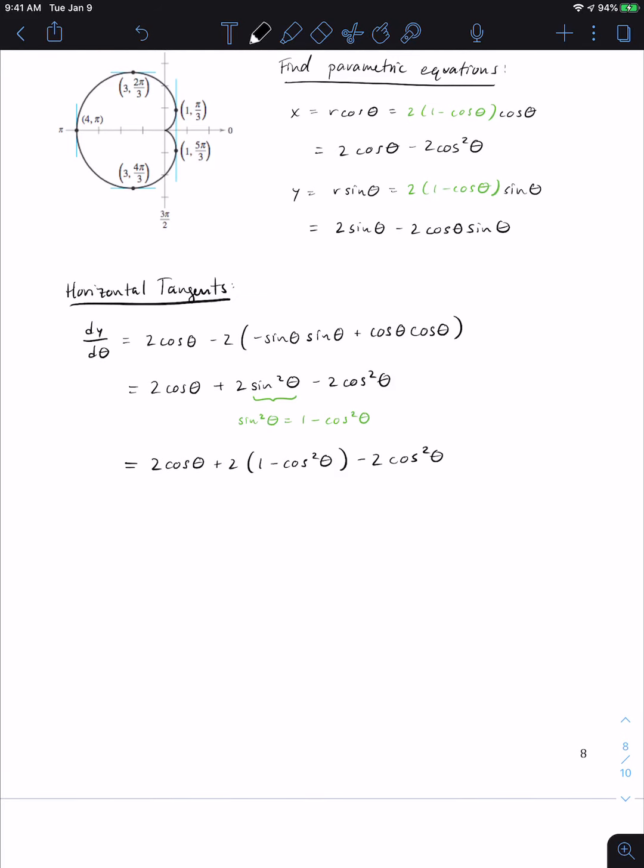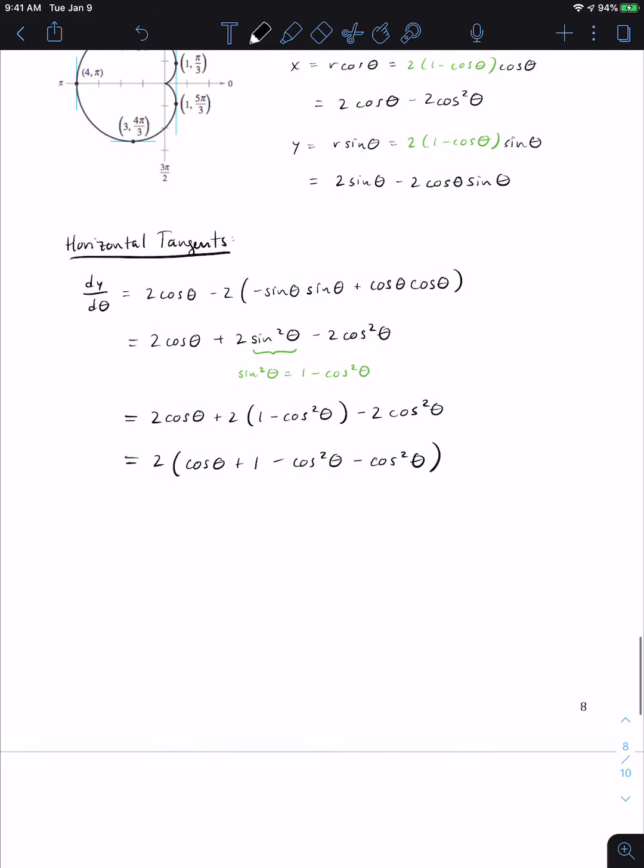So simplifying this, let's see what we have here. Let's pull out a 2. If I pull out a 2, I'm left with cosine of theta plus 1 minus cosine squared theta minus cosine squared theta, right, if I pulled a 2 out of all those terms.